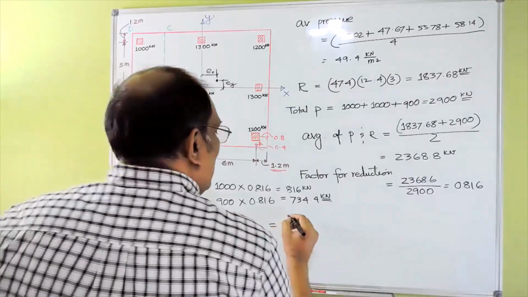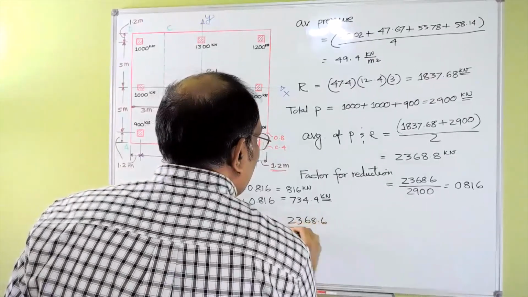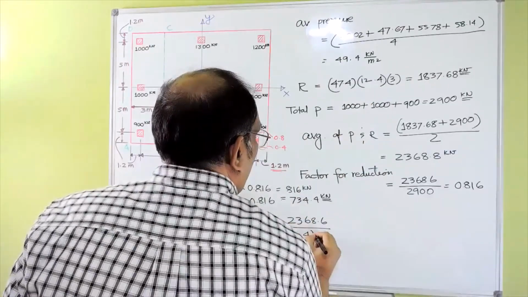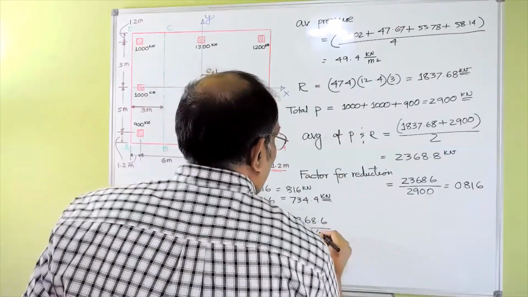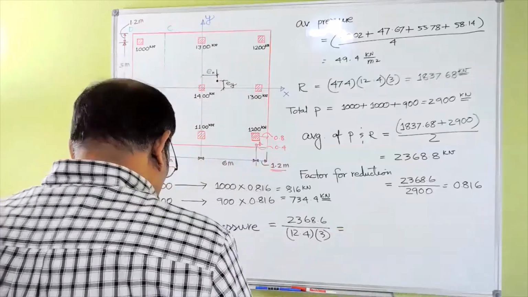That would be 2368.6 divided by the area, 12.4 times 3, that's basically 63.67.